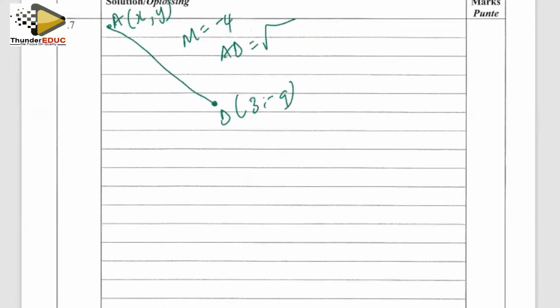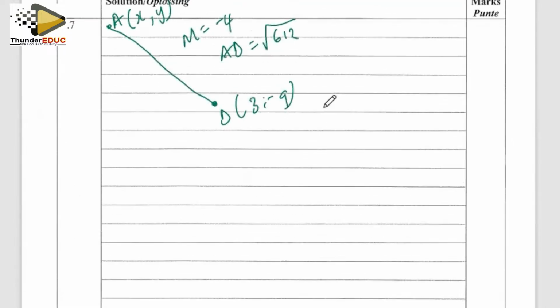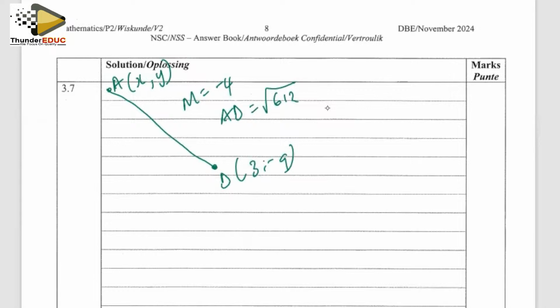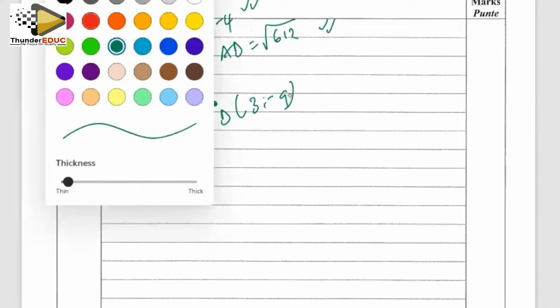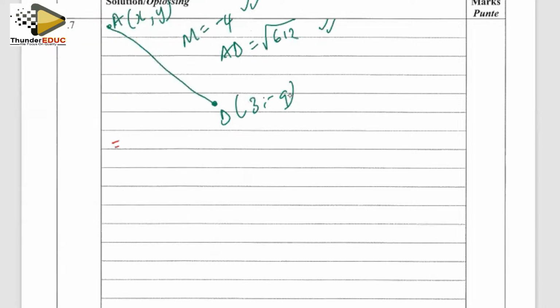So 612. Okay. How many marks is it? It's 6 marks. Okay, so I'm going to use the gradient formula. And then I'm also going to use the distance formula in both scenarios, and then I'll solve the equations simultaneously. So let's start with the gradient formula.